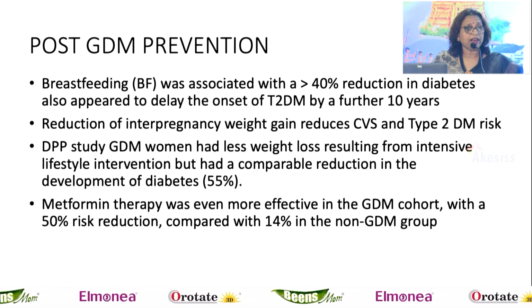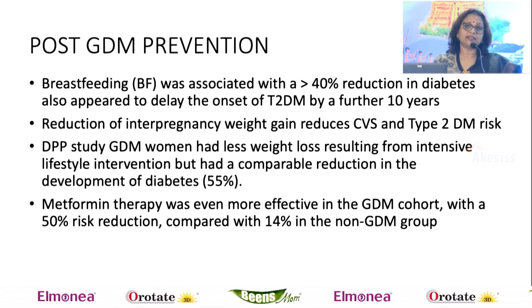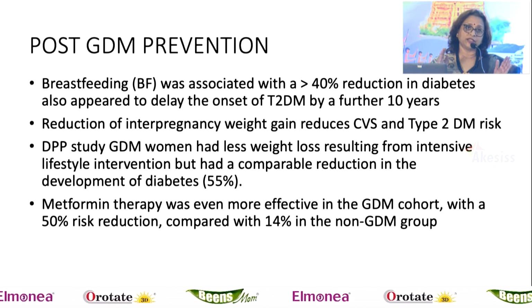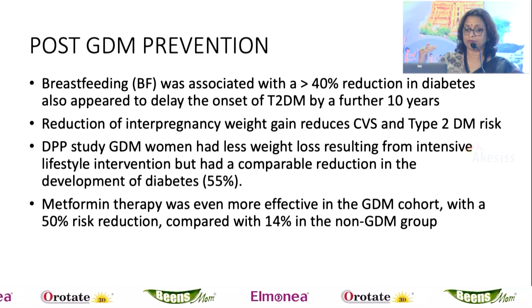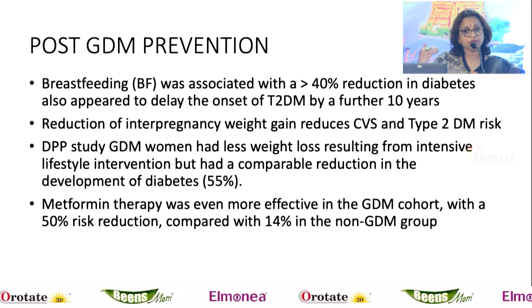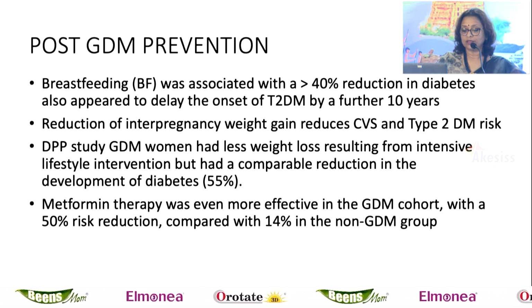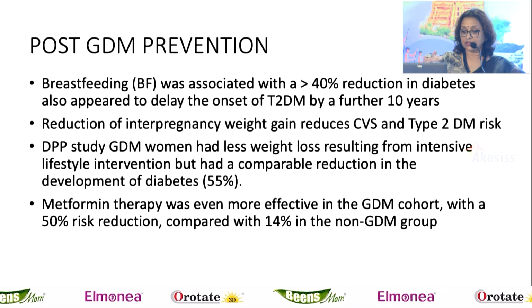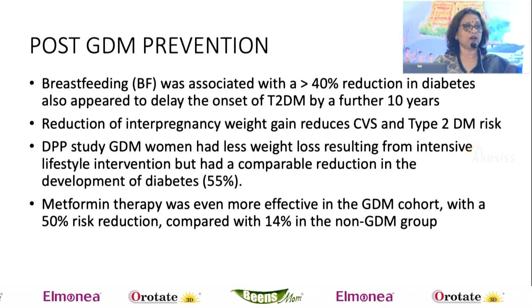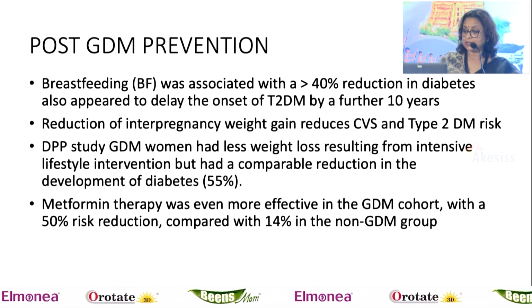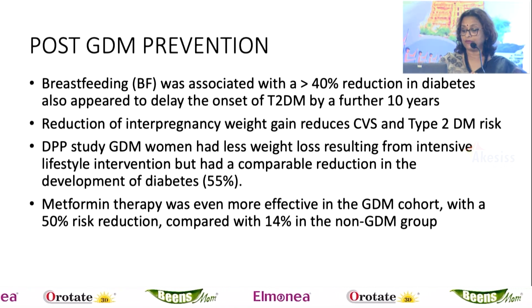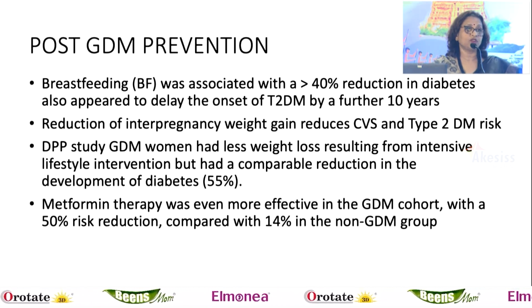So there is good evidence that you can prevent conversion of women with GDM to type 2 diabetes with breastfeeding, with reducing interpregnancy weight gain, and studies have shown that weight loss does result in a delay of conversion to type 2 diabetes, and in a select subgroup, metformin therapy is effective for preventing conversion.